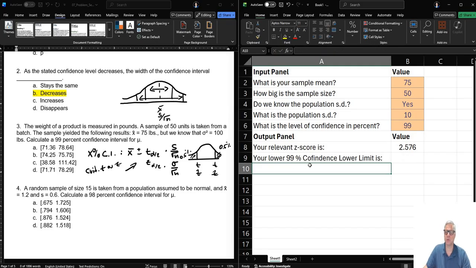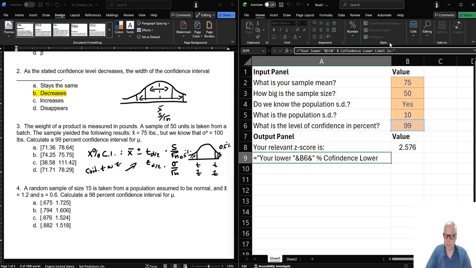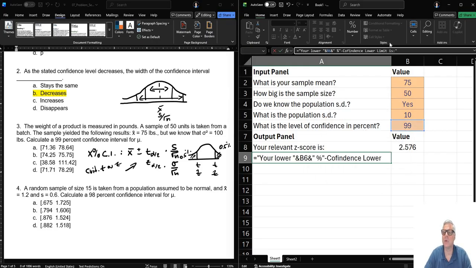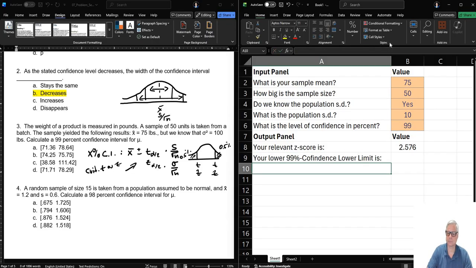So now it says your lower 99% confidence lower limit is. That's not that bad. And so maybe we can even do it like this. No, we can't. Your lower, okay, percent, okay, so now it looks a little bit nicer.